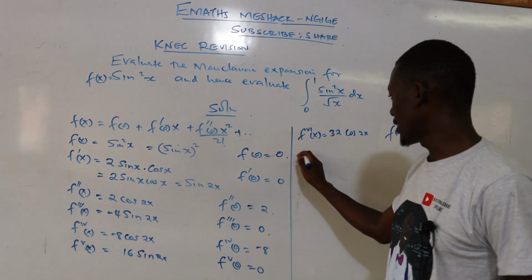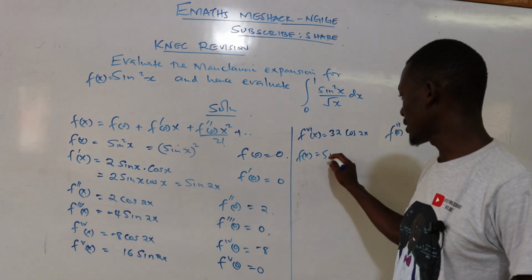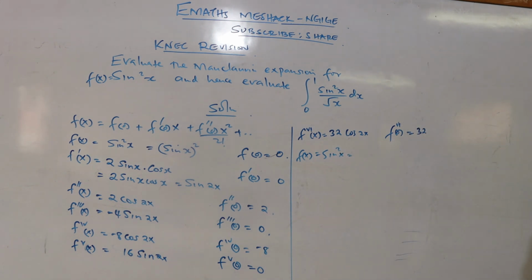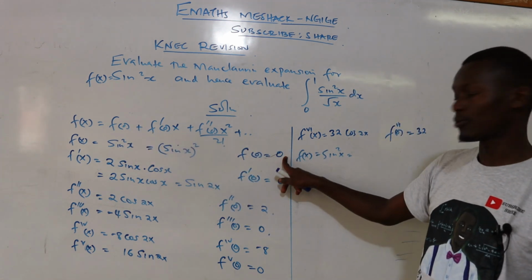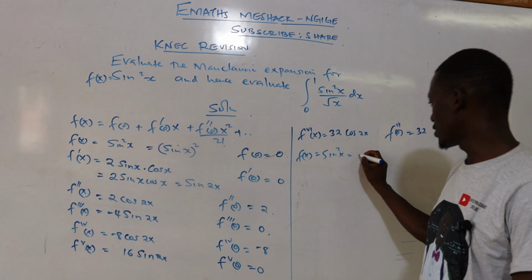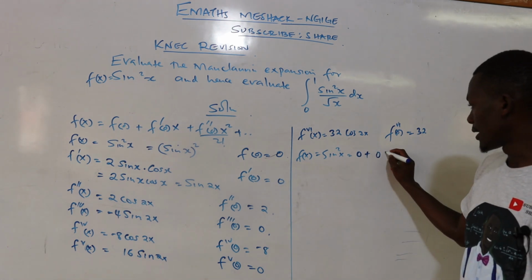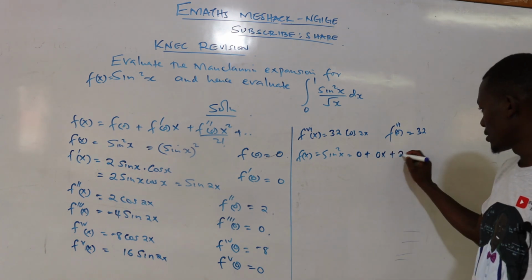Therefore, our f of x, which is sine squared x, we shall have: remember, it is the first term, so it is this term here, then x to power 0, so just this term, so we shall have 0 plus, then again 0, then x, then plus, so we have 2, then x squared.